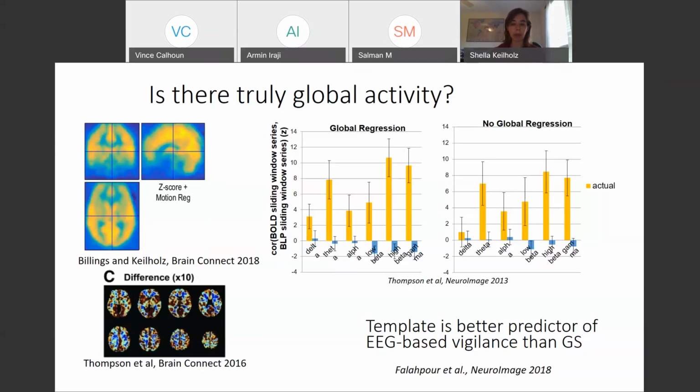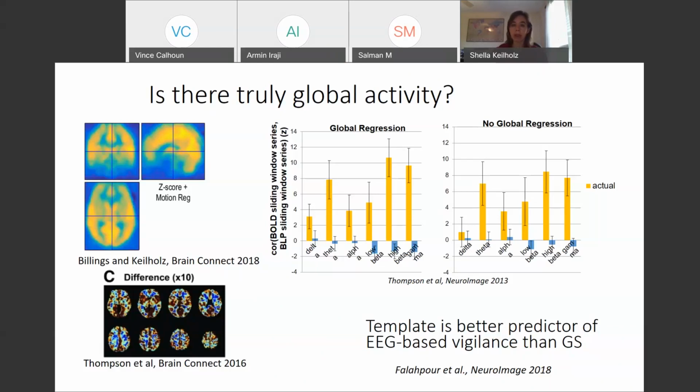And so we did sliding window correlation between power in different frequency bands from two electrodes and sliding window correlation from the BOLD signal from those same areas. And we did that with and without global signal regression for the BOLD signal. And what we found is that global regression increased the resemblance of the BOLD time courses to the local field potential time courses. So it did seem like global regression was taking out noise.